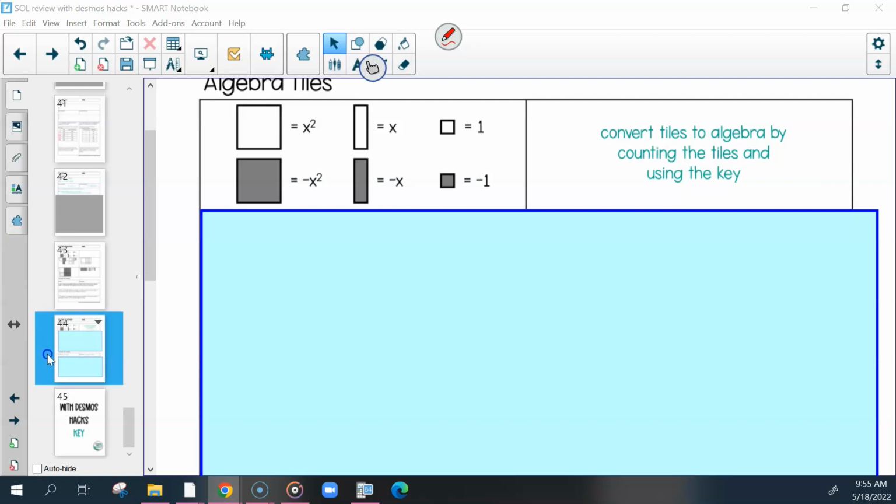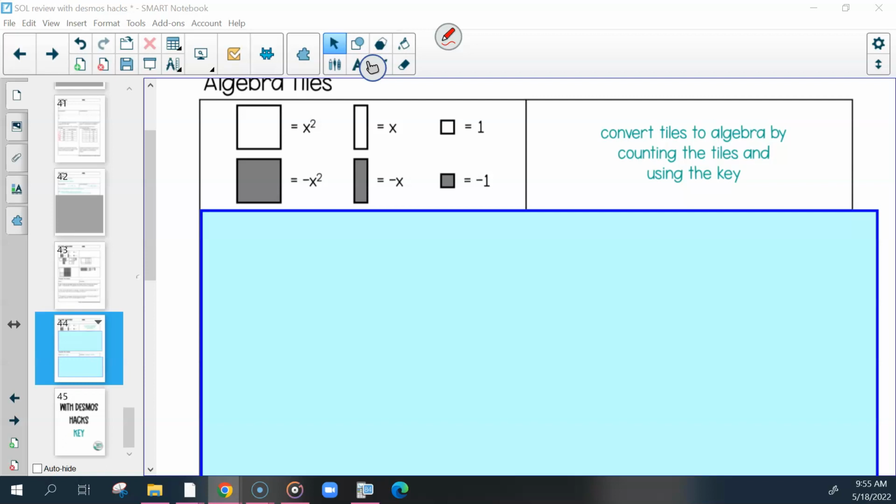Yes, we could do 4. So these you have to know what they are and be able to write the equation or expression.